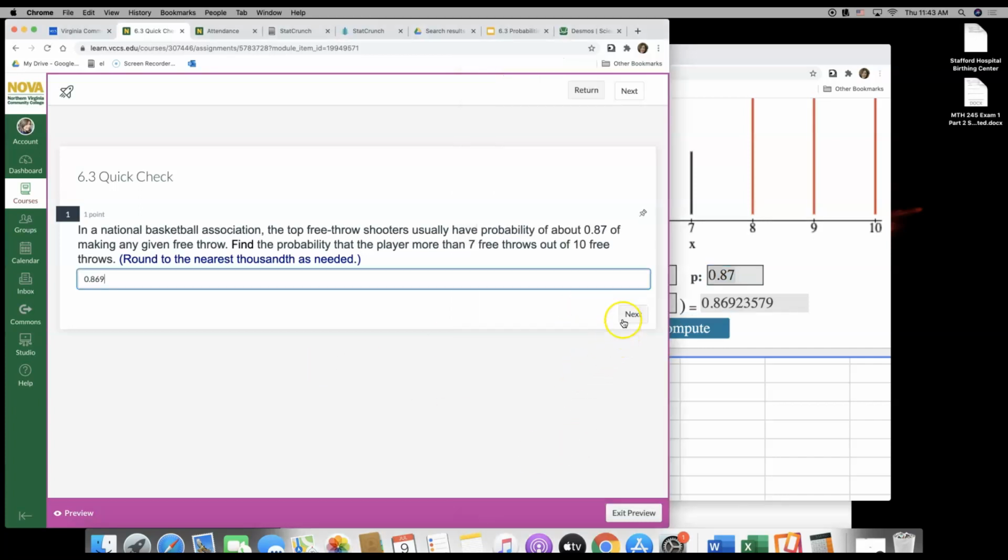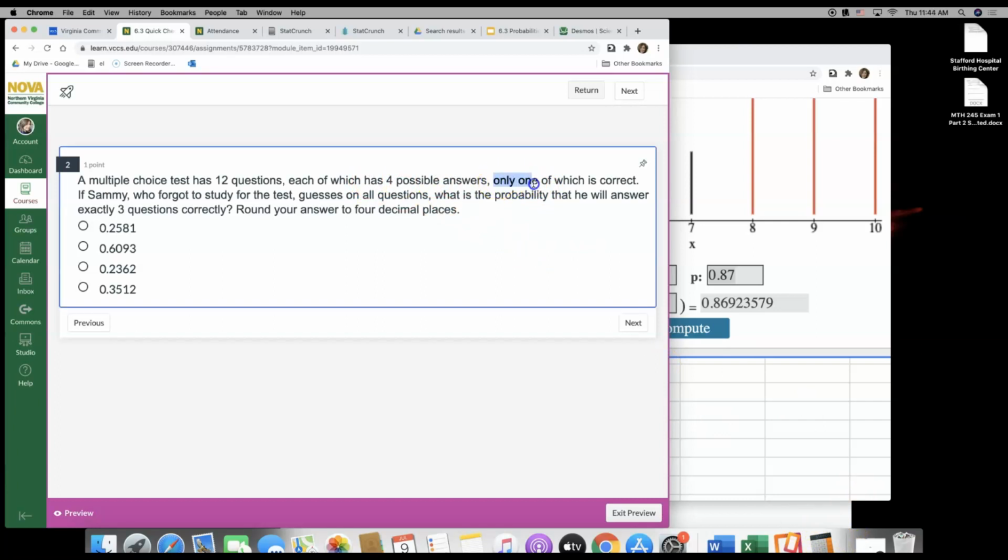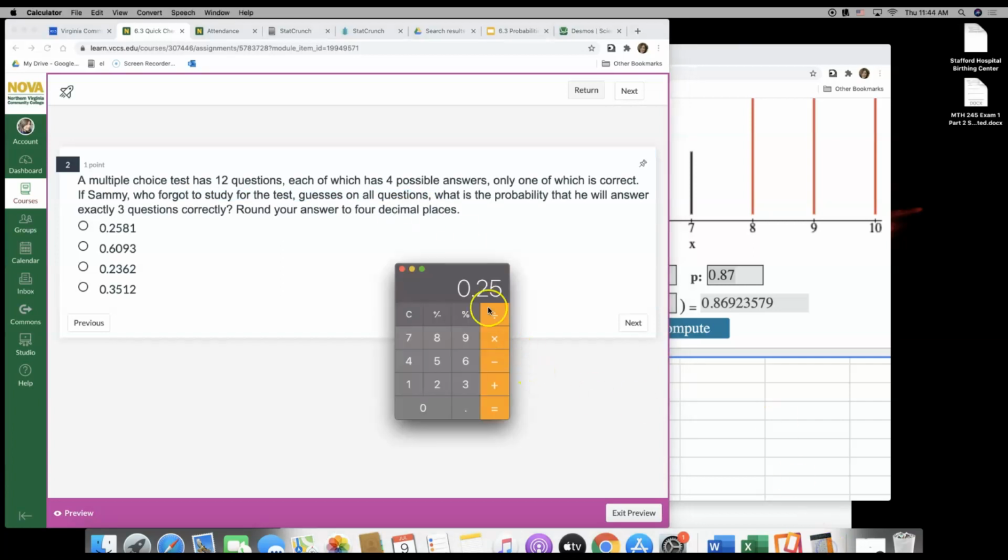All right, let's go to the next one. The multiple choice test has 12 questions, each of which has 4 possible answers. Remember, if you have 4 possible answers, only one is correct. Okay, Sammy, who forgot to study for the test, guesses on all questions. So now here's the thing. He has no idea what he's doing, so his guess is going to be random.